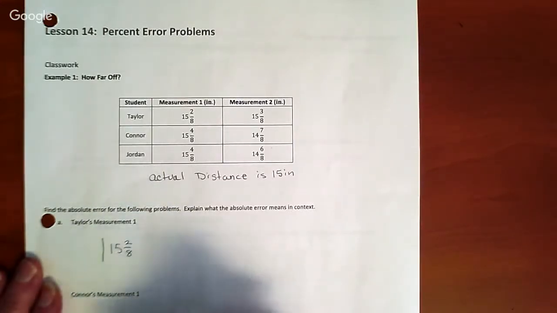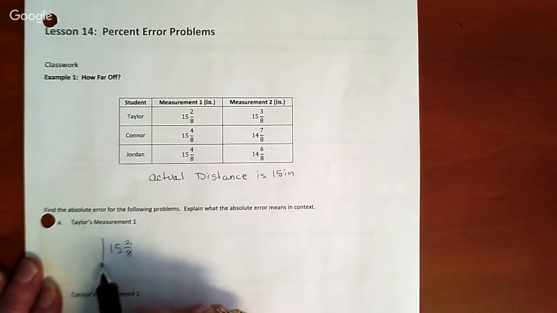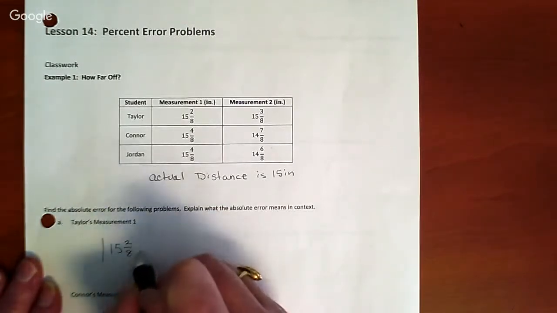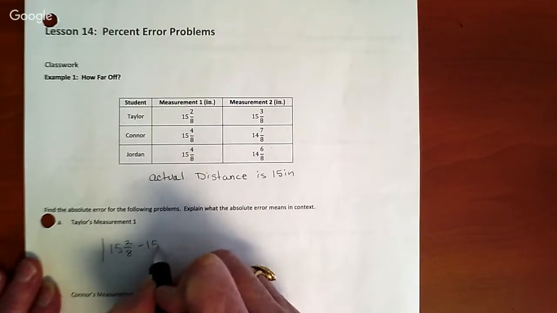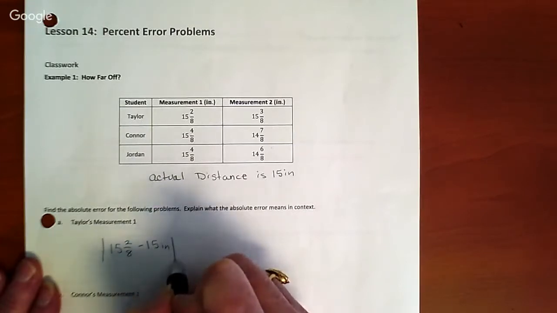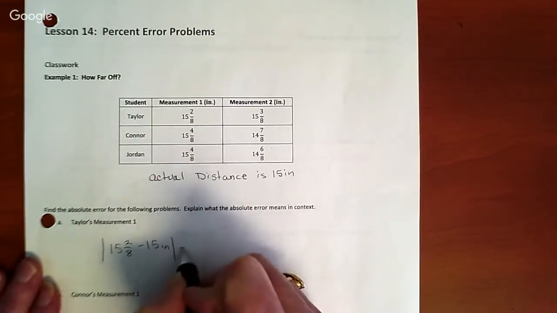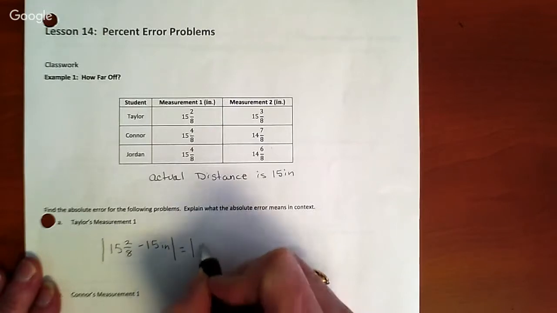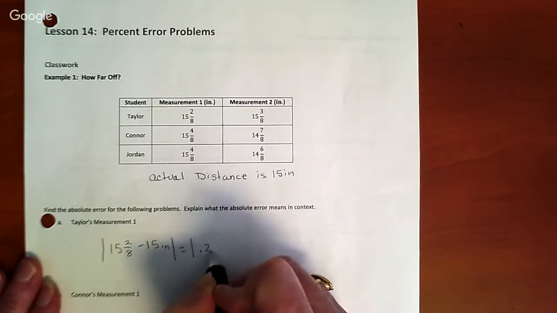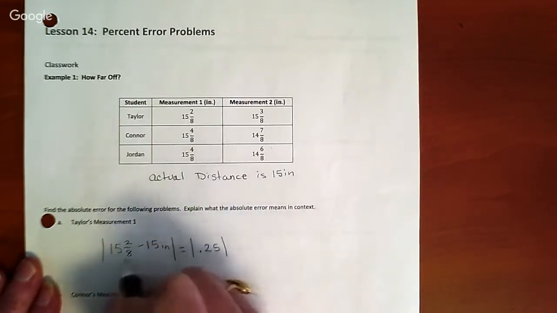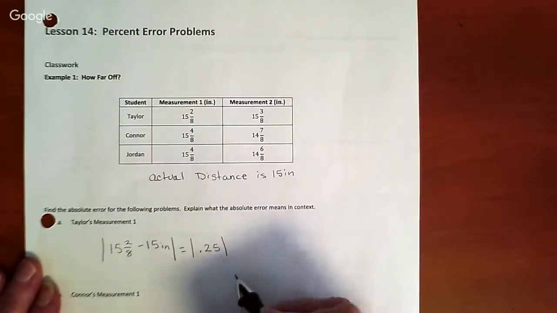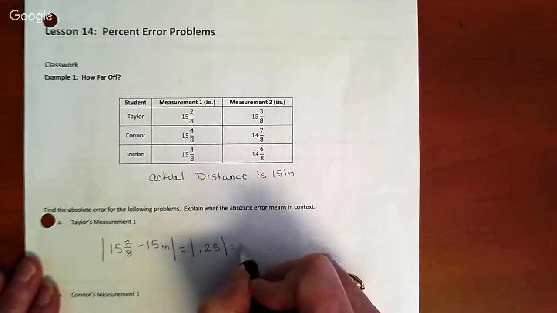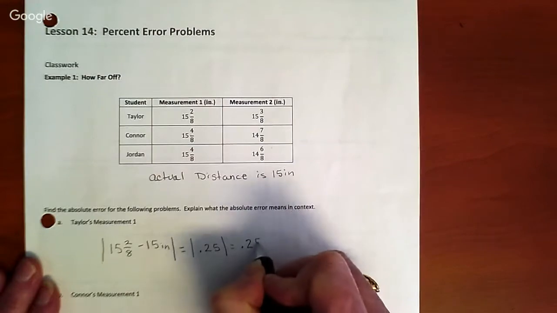And we want the absolute error, so we want to find the absolute value between that and the 15 inches. So when we subtract those two, we want to find the absolute value of 0.25 because that is the difference between the two, which then would be 0.25 inches.